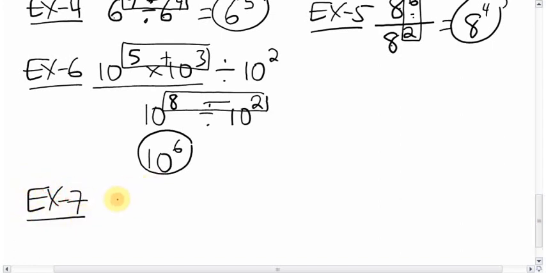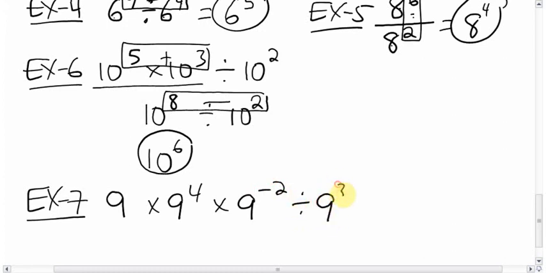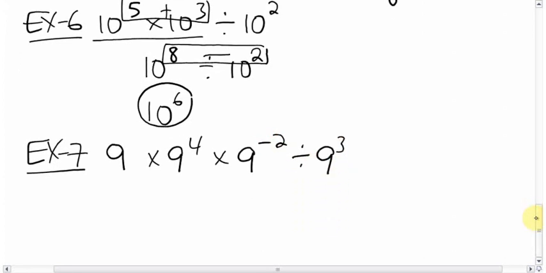You can get some ugly questions like this. 9 times 9 to the power 4 times 9 to the power negative 2 divided by 9 to the power 3. In this case, just take it one operation at a time. Let's just go left to right. 9 times 9 to the power 4. Same bases. Add the exponents.